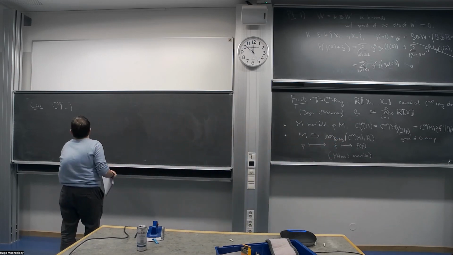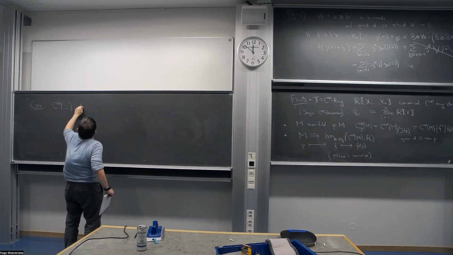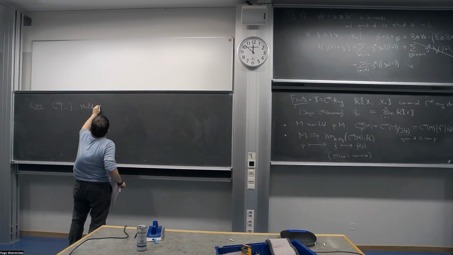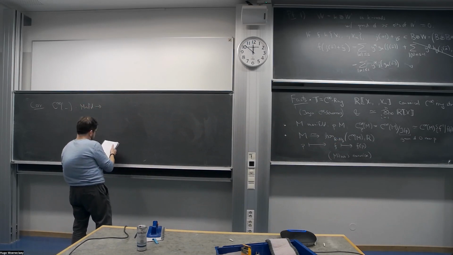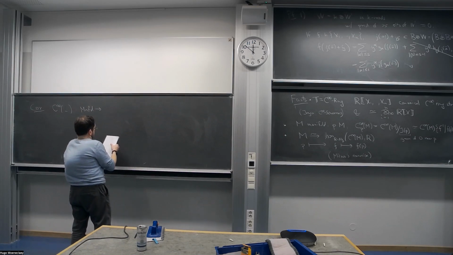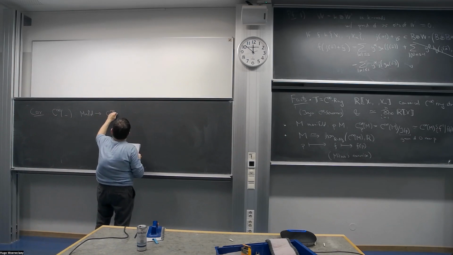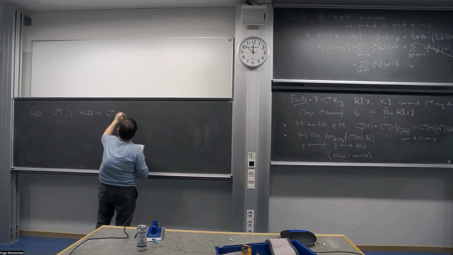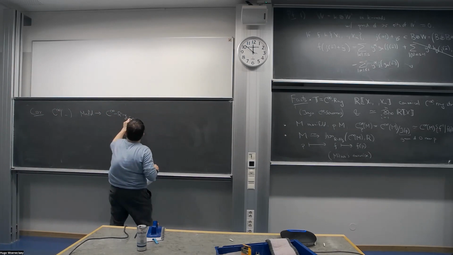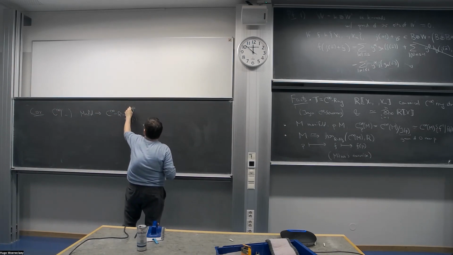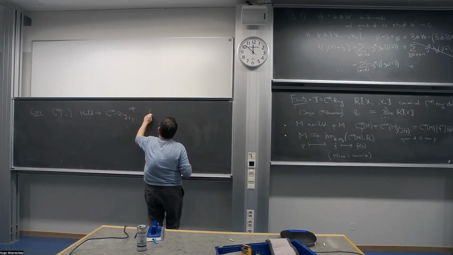So we get a functor from manifolds to C∞ rings. Actually, yeah, sort of. But now let's skip the finite presentation. So this is fully faithful.